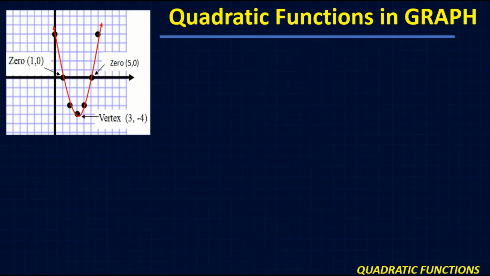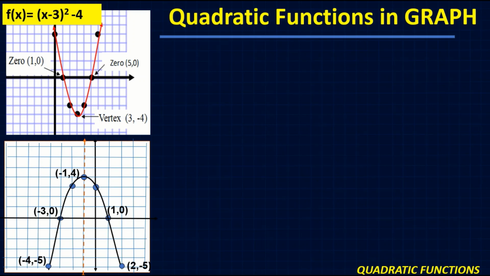For example, we have this graph, and this graph has an equation of f of x is equal to quantity x minus 3 squared minus 4. And another graph, which has an equation of f of x is equal to negative of quantity x plus 1 squared plus 4.